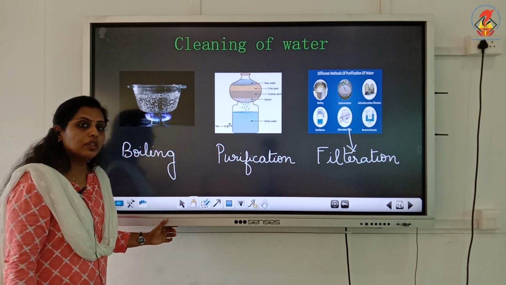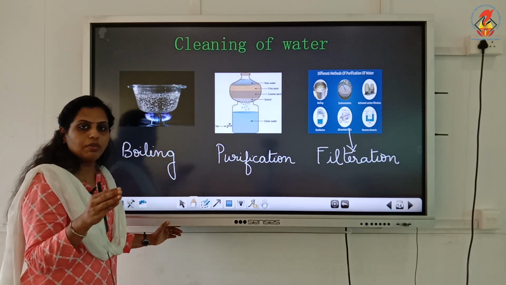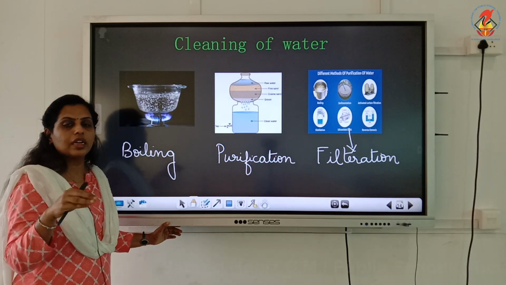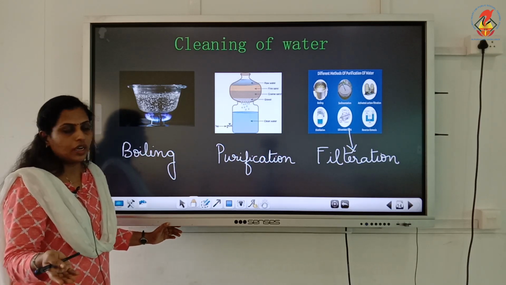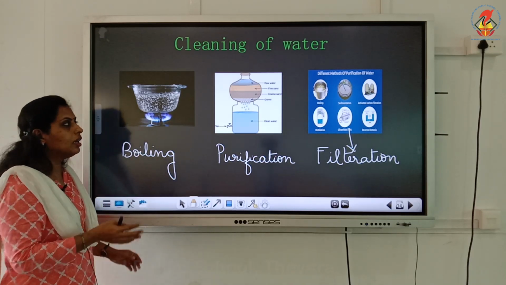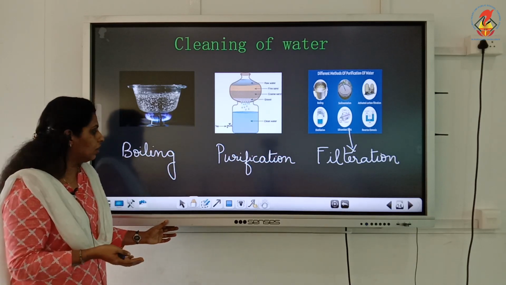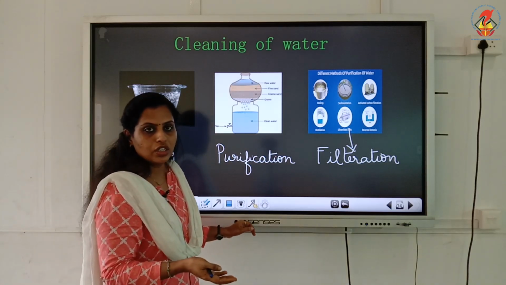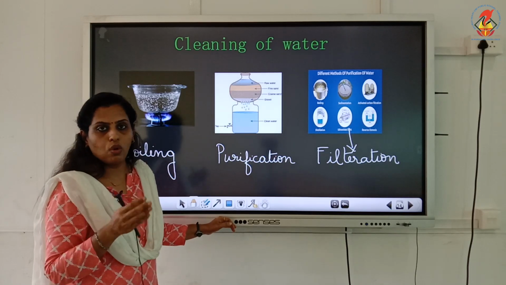There is another method called chlorination, in which chlorine tablets are put in and all the germs in the water are killed, and that is good for drinking. So these are some of the different methods of cleaning water: boiling, purification, filtration.